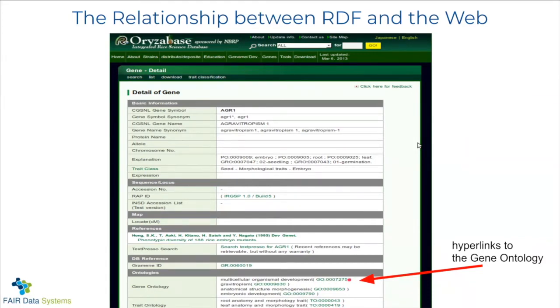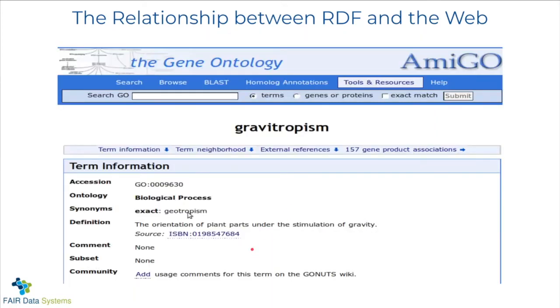We know from our experience using the web that when something's colored, it's usually clickable. So if I click it, I go to this page, which explains, in fact, this is a different link right now, but imagine they were the same link, that explains a little bit more about that annotation.